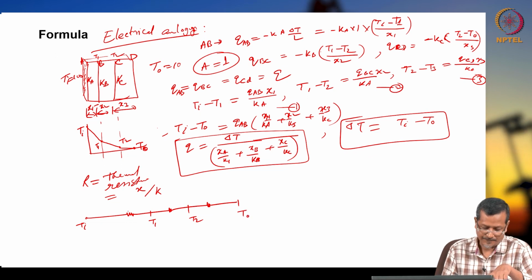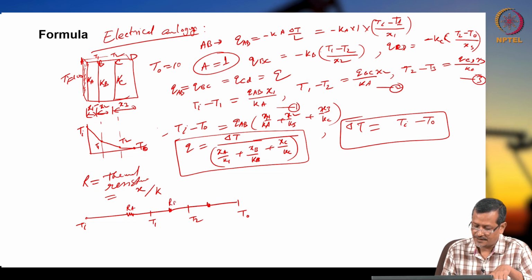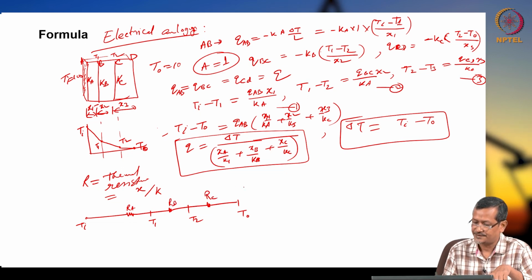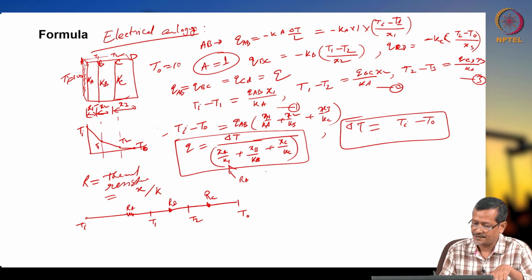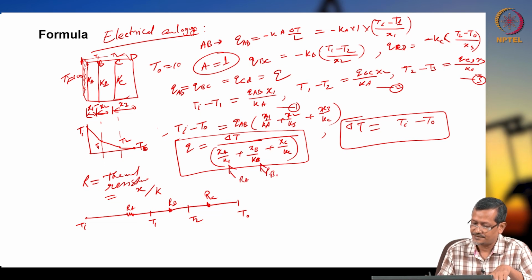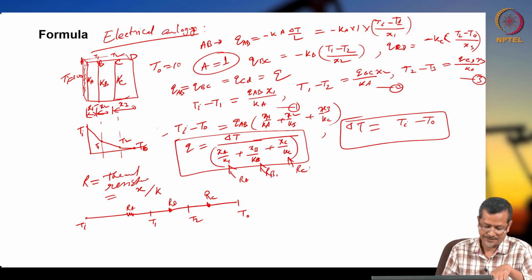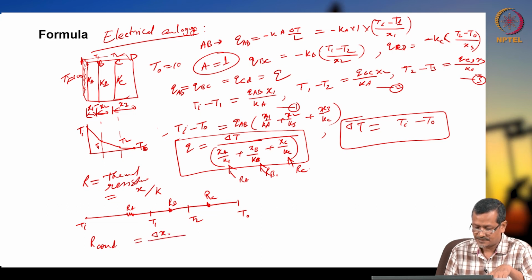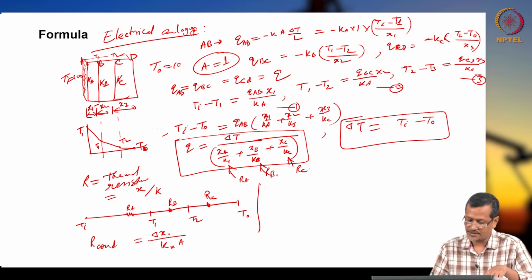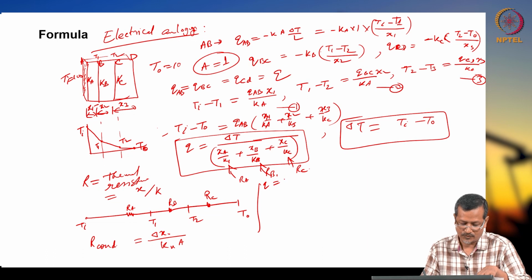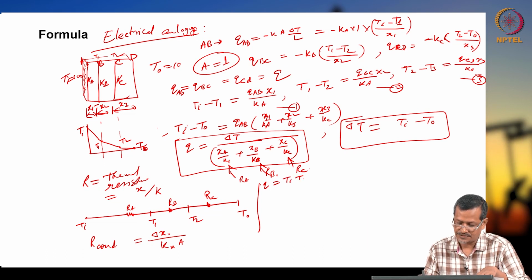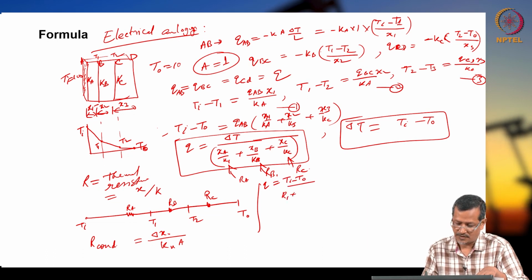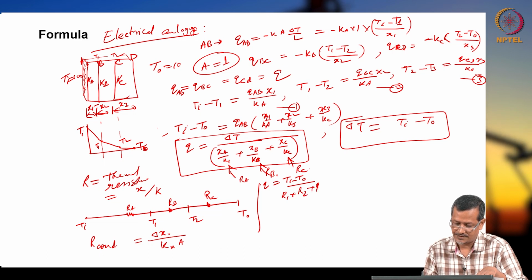So this is Ra, Rb, Rc. Okay, this is Ra, this is Rb, this is Rc. Okay, R conductivity equals del Xn by K n area. So Q equals Ti minus To over R1 plus R2 plus R3.